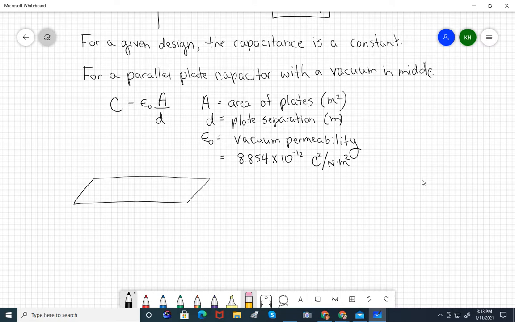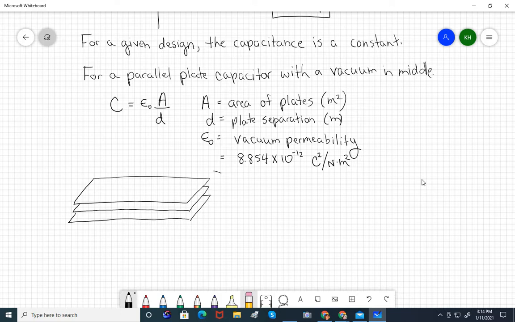If I take something like saran wrap or an insulator, a sheet of Mylar, Teflon, and put it in between, and then get a second sheet of aluminum foil, that's the easiest way to make one.